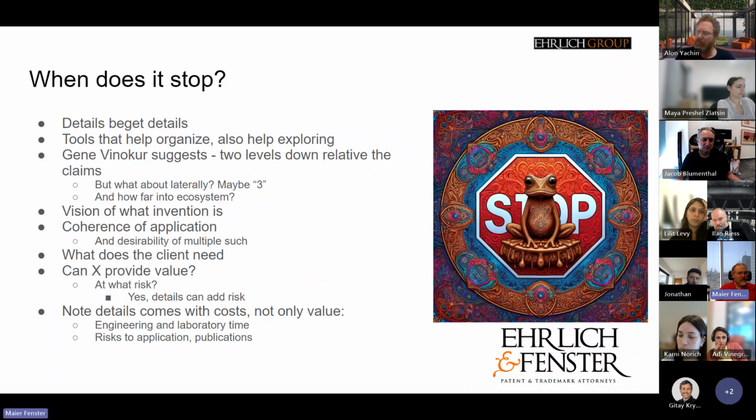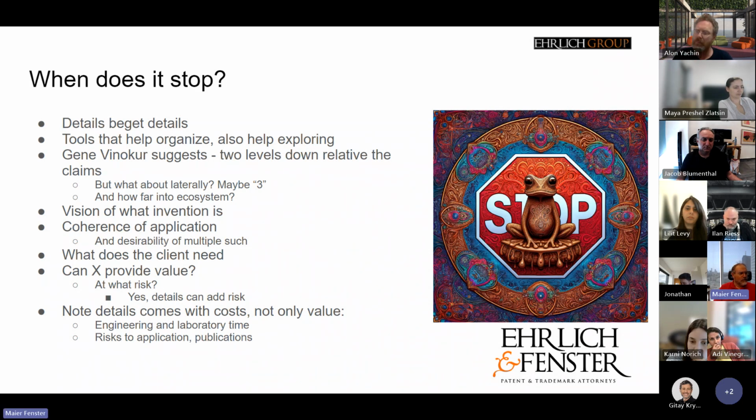I've mentioned before Gene Vinokur, and he suggests 2 levels down relative to the claims. Okay, so if a claim talks about something, you should have 1 or 2 levels of detail beyond the actual language of the claim.